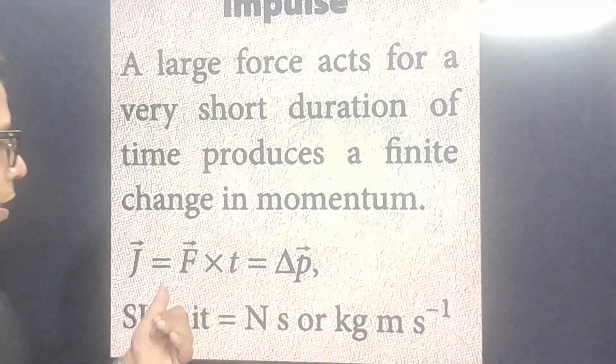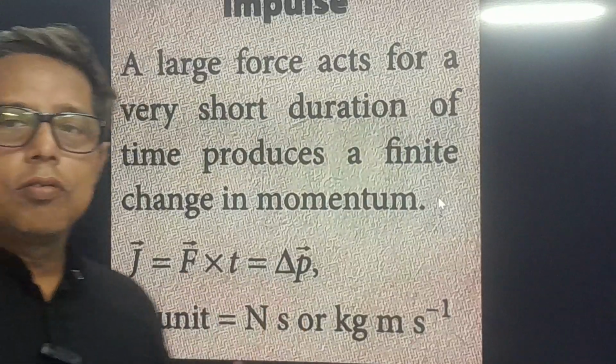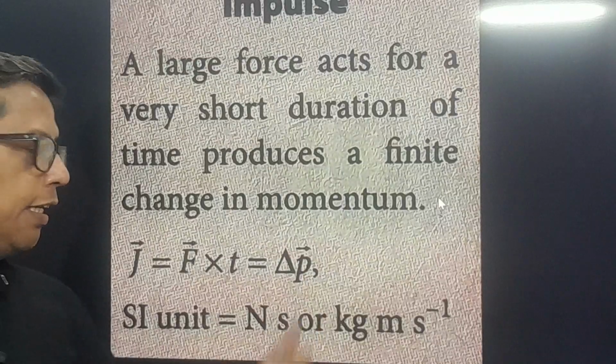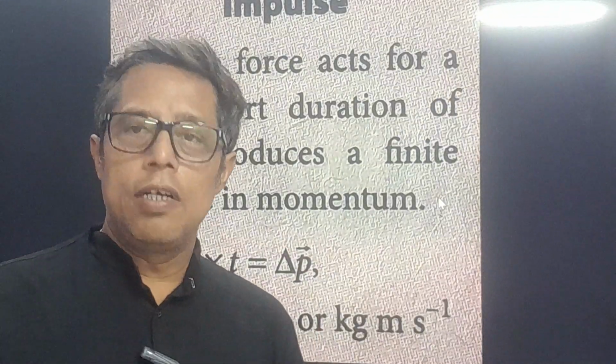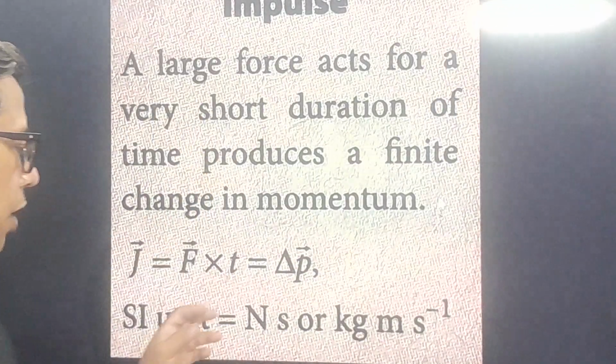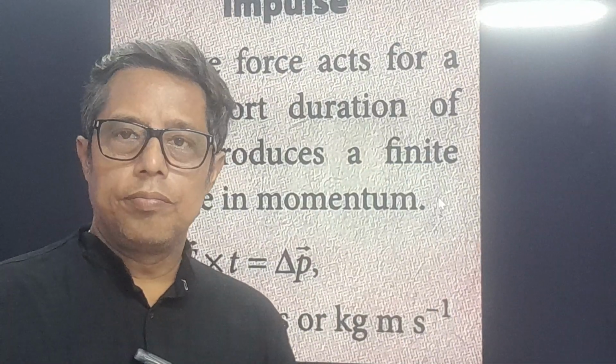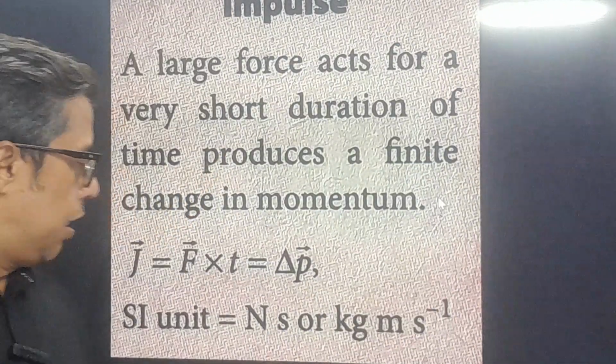It's a vector quantity. It means force into time, and force into time represents the change in momentum. So one more thing we will get from here, that is the impulse momentum theorem. I'll come to that.